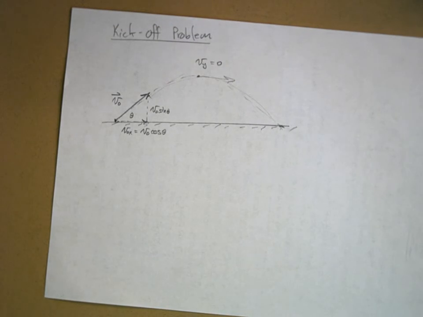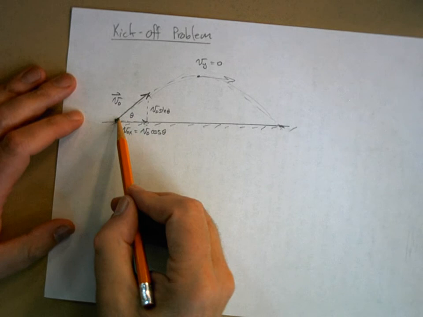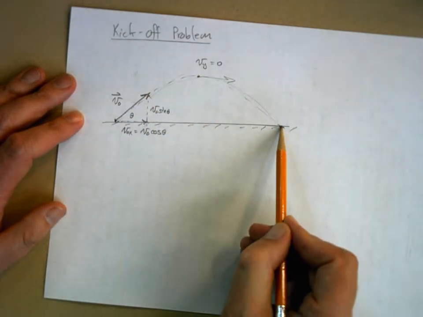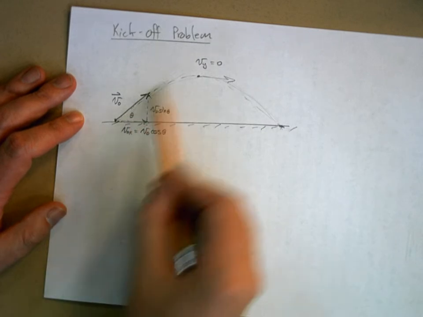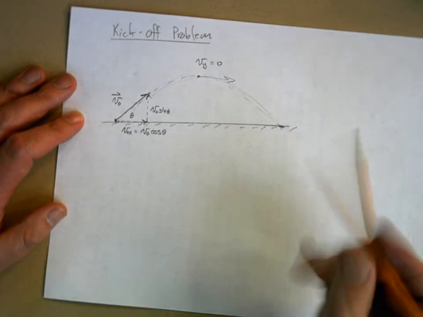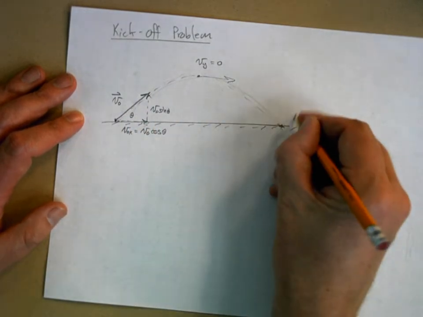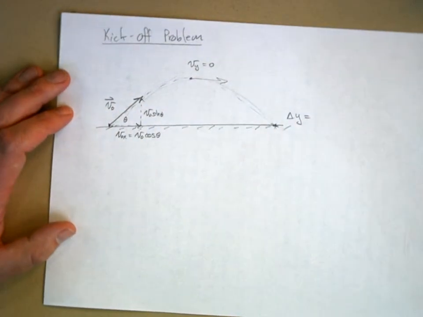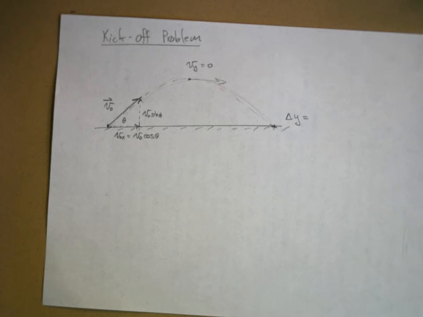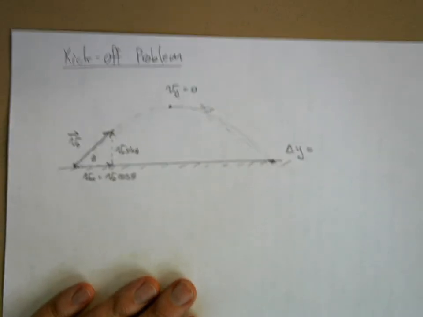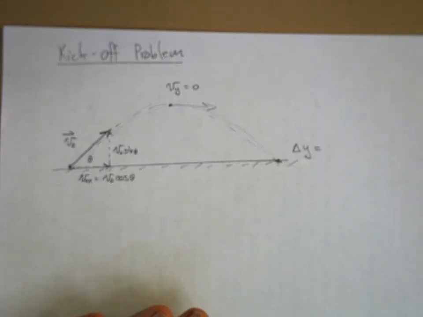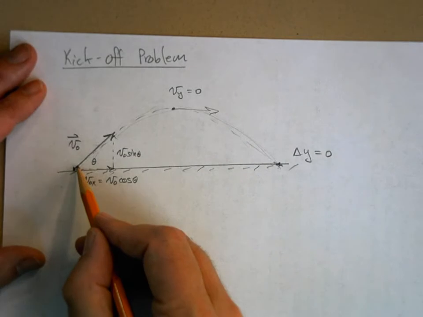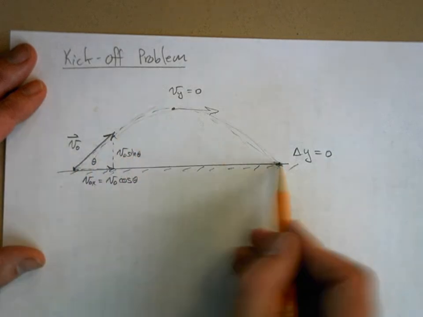Here's another thing. Let's say you want to know how much time it takes to go from up here all the way back to the ground, the full thing. Well, what's true about delta y when it hits the ground? Yeah, delta y is equal to 0 if it starts from the ground and ends at the ground, and the ground is level, you're not on a hill.